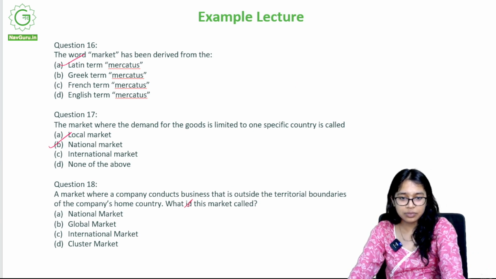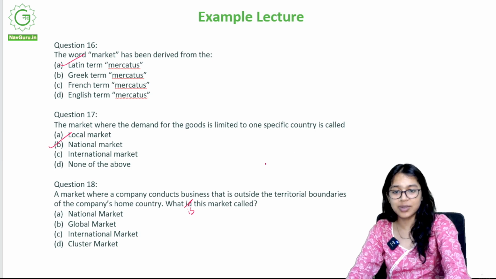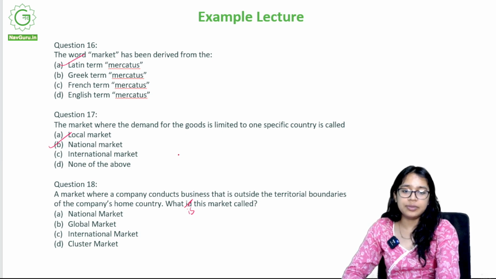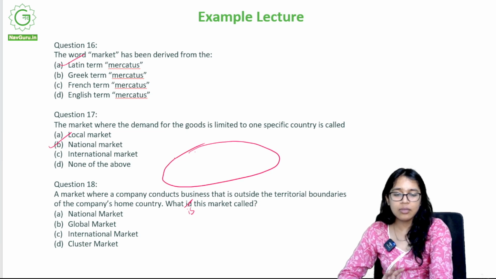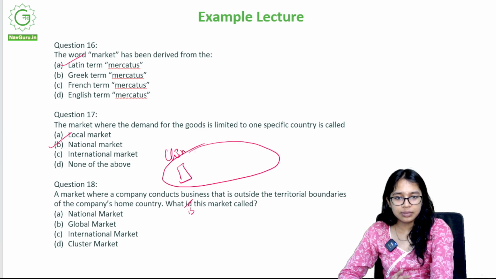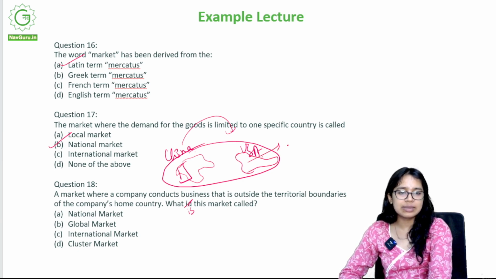Okay, let's understand what this question is first. There is a market, big pool of market. There's a company from China, and okay, this is the Chinese border, let's say, and China wants to invest in USA. It wants to establish its market there.